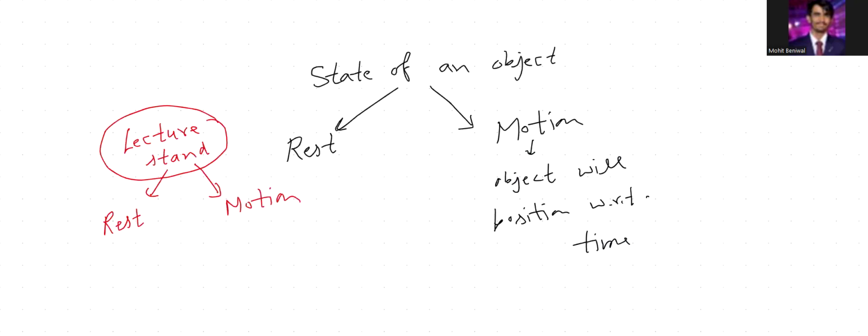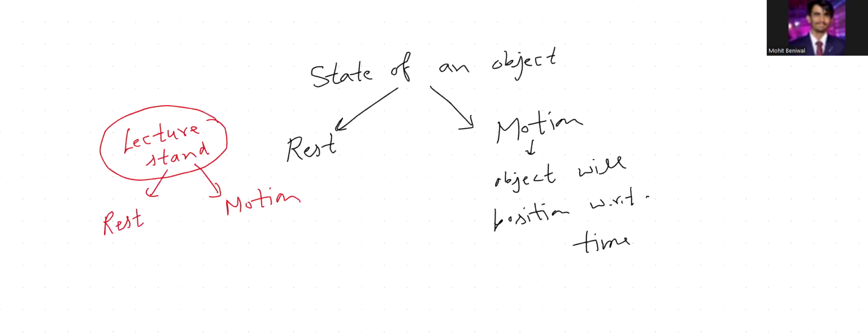So you have to be very careful while you are giving some statement in physics. I can say the lecture stand is at rest with respect to ground, with respect to a person on earth observing that lecture stand, and that is not changing its position with respect to time.